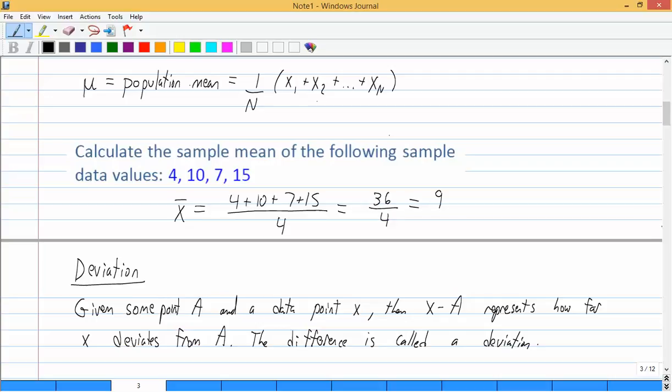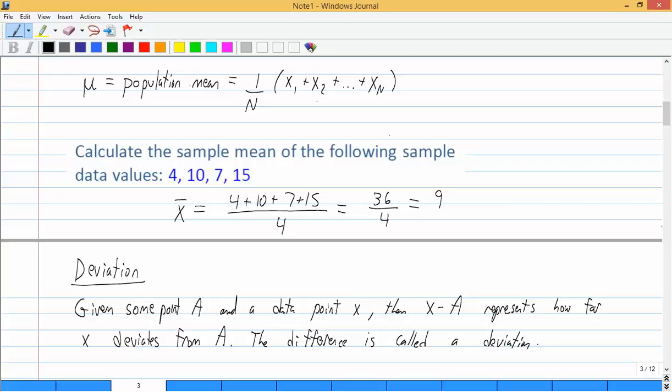By some point A and some data point X, we're just talking about a data value, like a number. There is a very important term called a standard deviation that we'll go over.